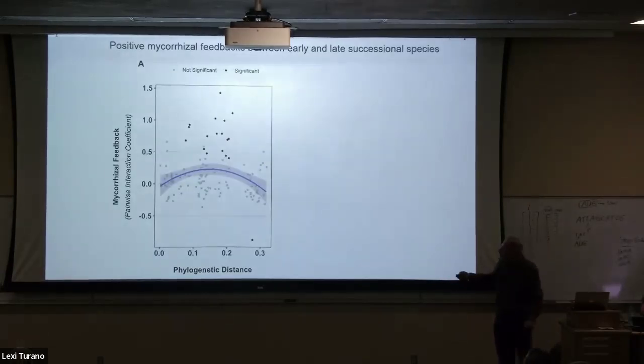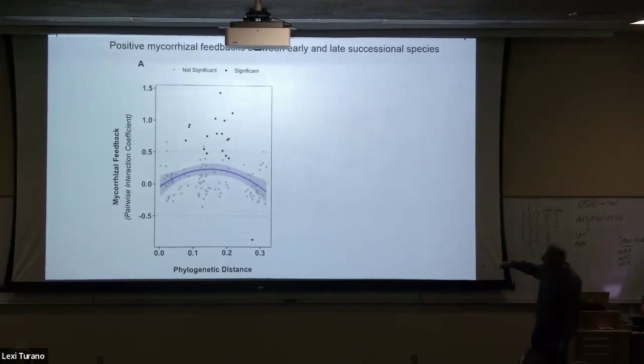Overall, the feedback ranges from significantly negative to significantly positive for individual pairs of prairie plant species. The phylogenetic distance between those pairs of plants doesn't really predict it. This nonlinear relationship is not significant at the 0.05 level.